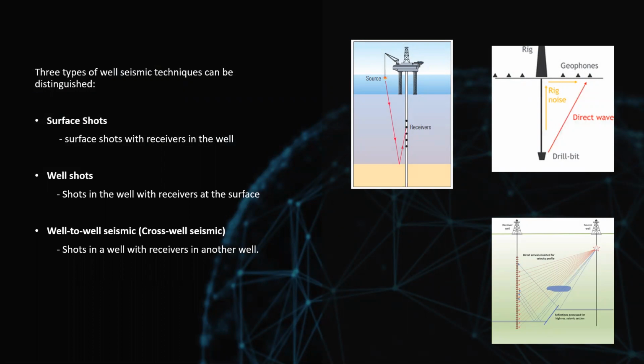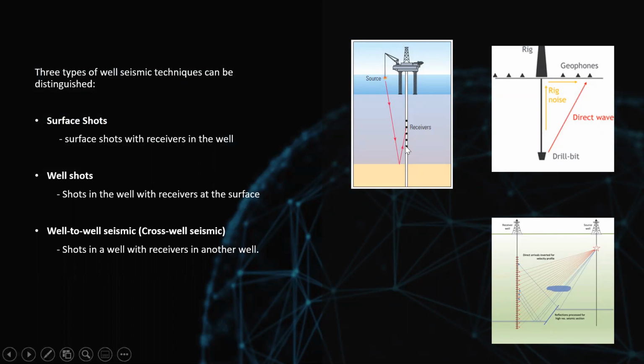For example, seismic while drilling, or when the drill bit is used as a seismic source. In the last case, cross well seismic or well to well seismic, it means shots are in one well with the receivers in another well. The examples of all the well seismic techniques are shown here.